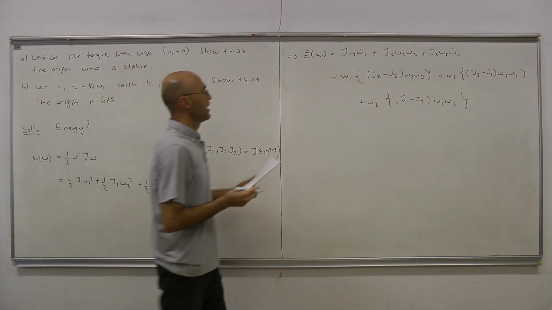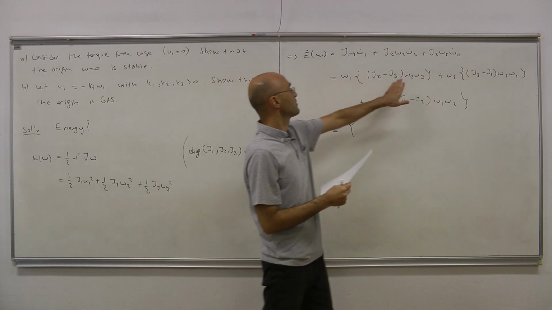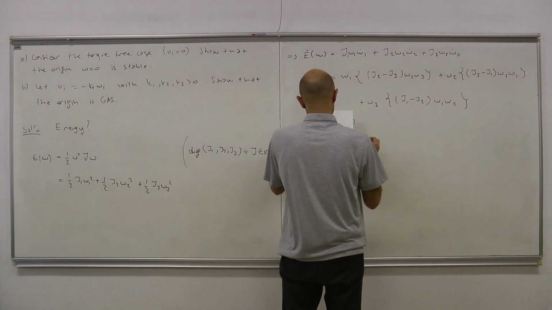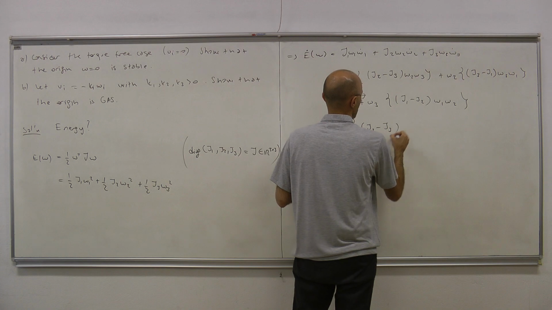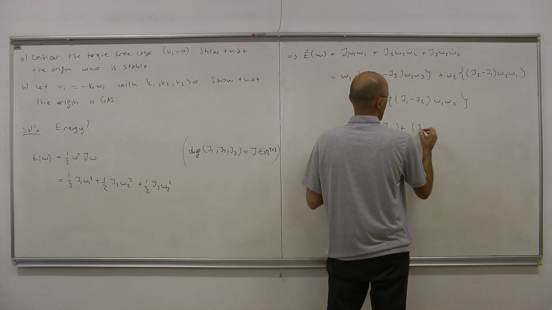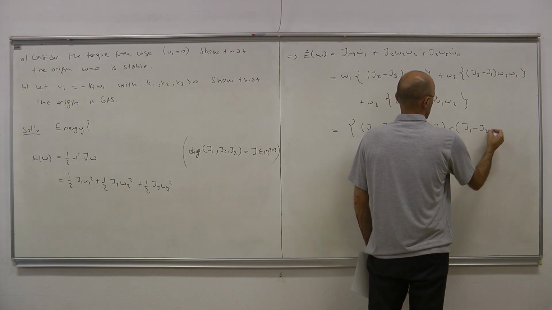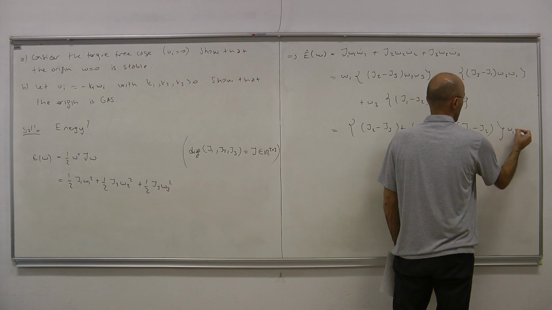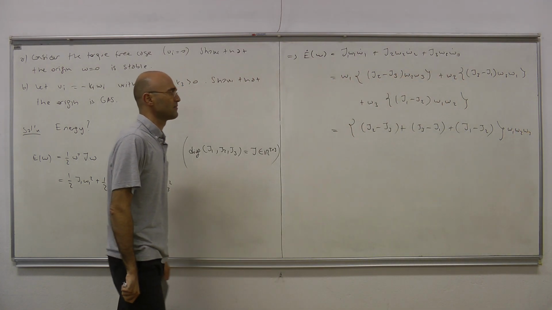Now, for each term we have omega 1 times omega 2 times omega 3. So we take into account the parentheses J2 minus J3 plus J3 minus J1 plus J1 minus J2, and everything is multiplied by the omega 1, omega 2, omega 3 product.